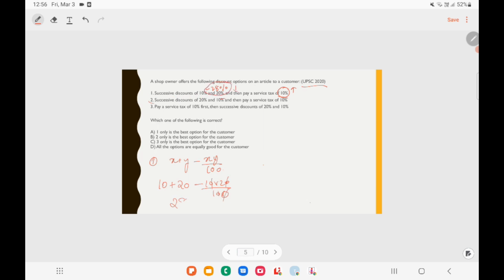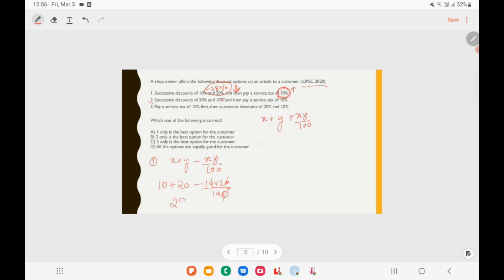Now this is actually percentage reduction and 10 is percentage increase. Now we need to find out the total effective percentage. So here in this case, this is percentage reduction, so you need to take negative sign, and for service tax it is percentage increase, you need to take the positive sign. So here you should use the generic formula, which is X plus Y plus XY by 100.